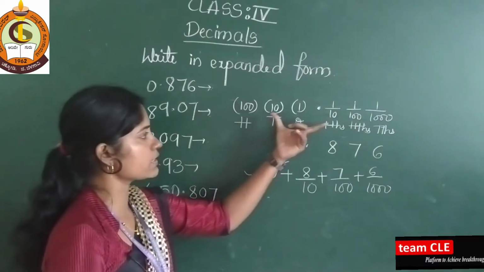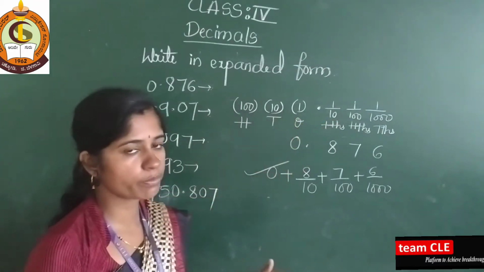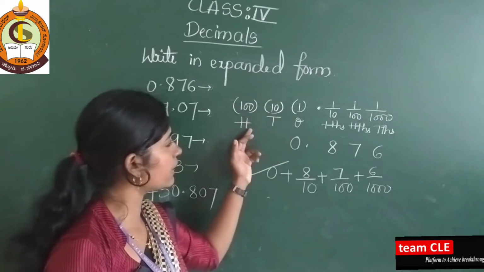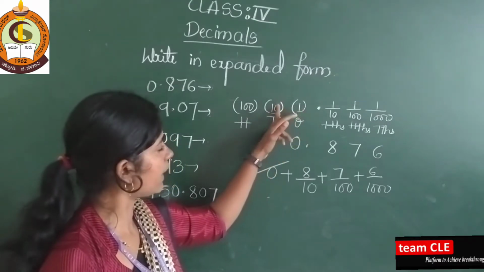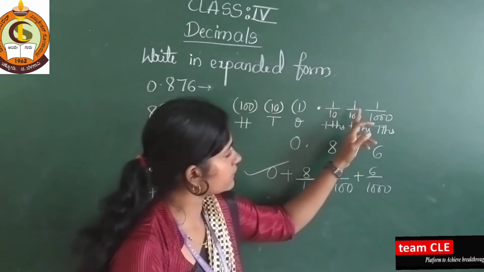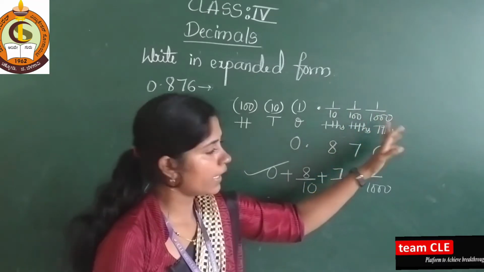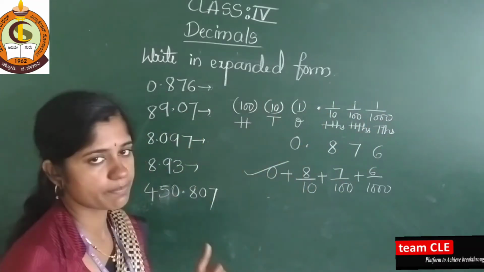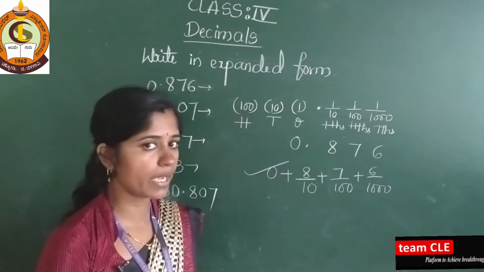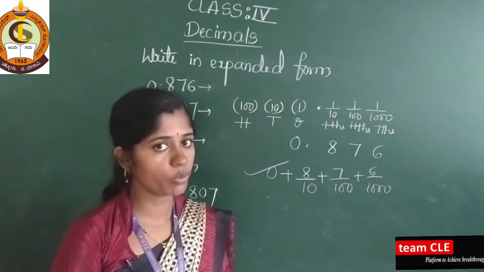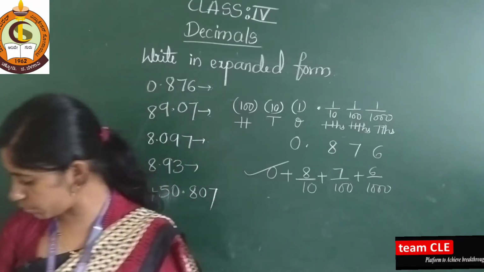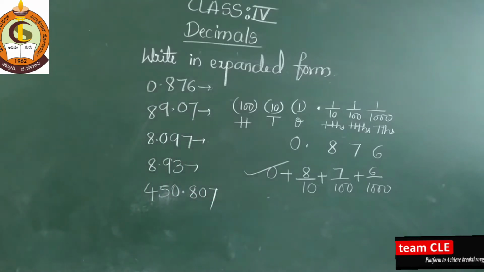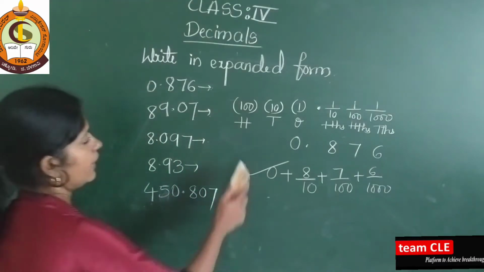If you know this place value chart, so instead of ones, tens, hundreds, you keep in mind 1, 10, 100, 1/10, 1/100 and 1/1000, then you can expand the numbers. I hope you understood why I revised this. If you know this, then we can solve the next examples.